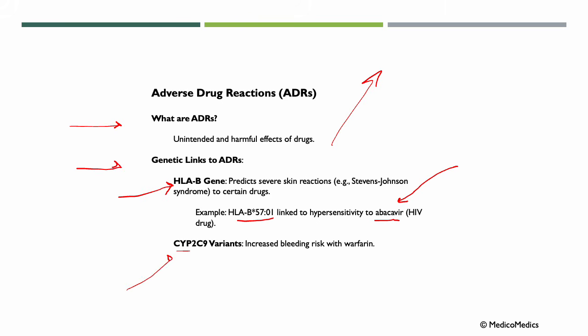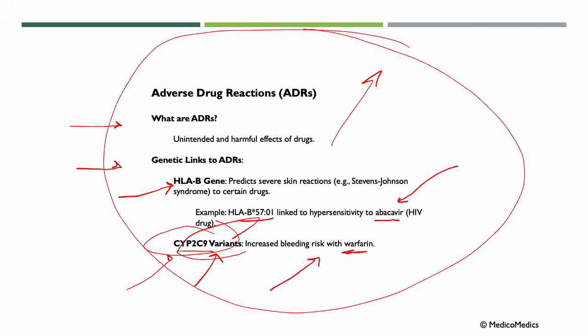Another example is the CYP2C9 enzyme. This is a liver enzyme that metabolizes warfarin, which is a blood thinner. And different variants of this, like CYP2C9*2 or *3, slow metabolism, which increases bleeding risk due to excessive drug accumulation.